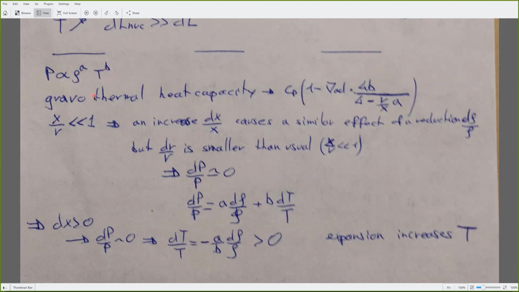Remembering what the gravothermal heat capacity was, a heat capacity connected also with gravity.